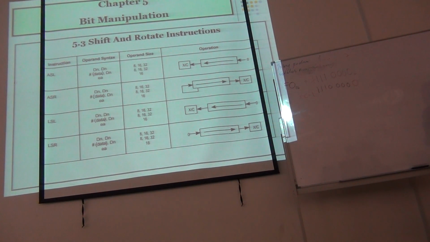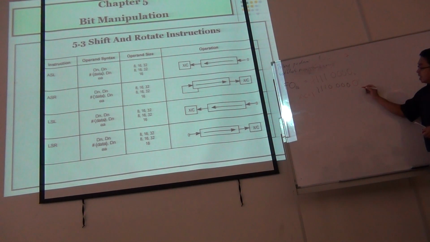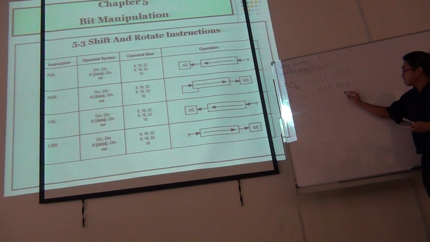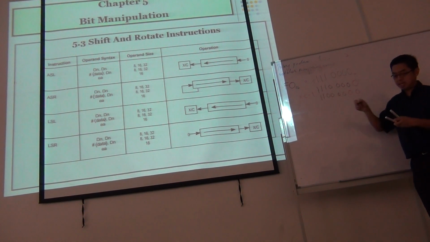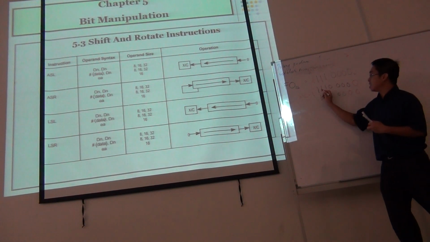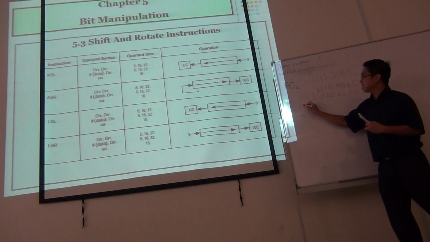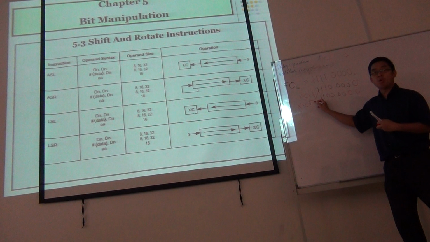Okay, the first shift. Then you shift again. So you put another 0, 0, 0. Then you have the rest 0, 0, 0, 0, 1, 1. Your X and C is coming from here. X and C is equivalent to 1.